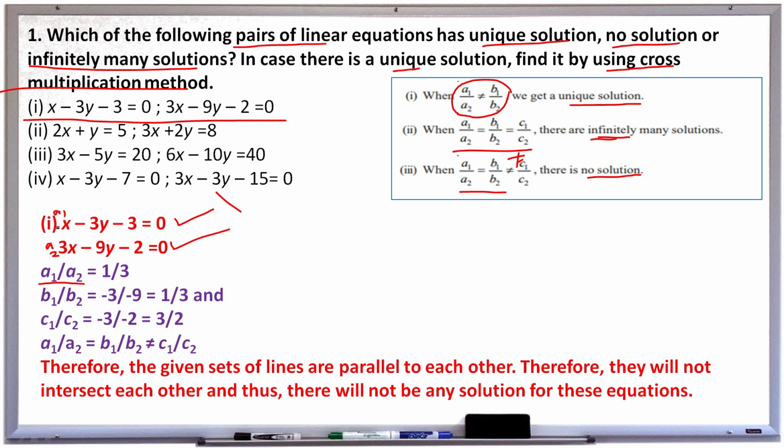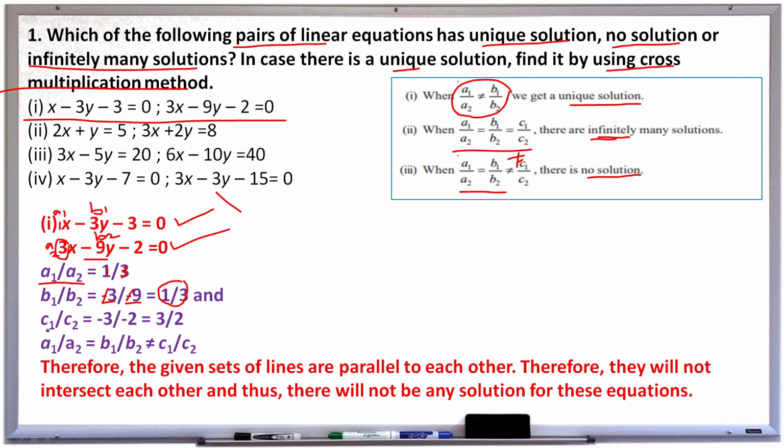So a1 is equal to, here no value is given, so 1 will be there, so you write 1, and a2 you can write 3. Now b1 by b2, this is b1, this is b2. b1 is minus 3, b2 is minus 9, minus minus will cancel, so 1 by 3 is the answer.